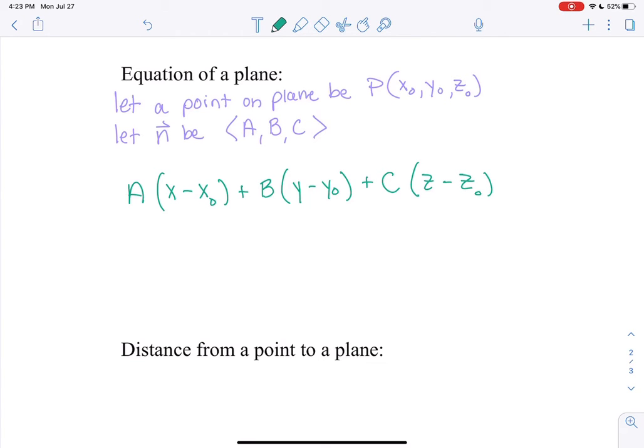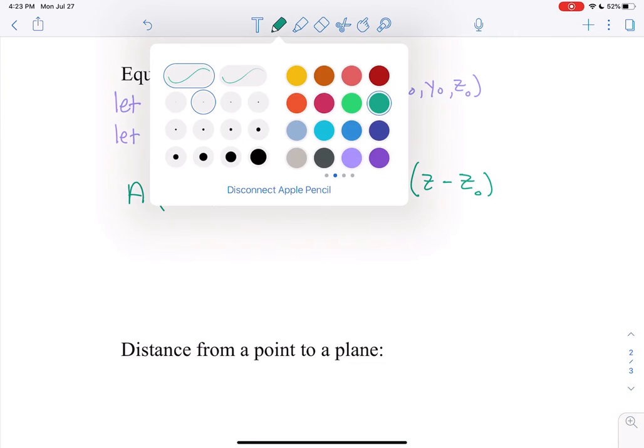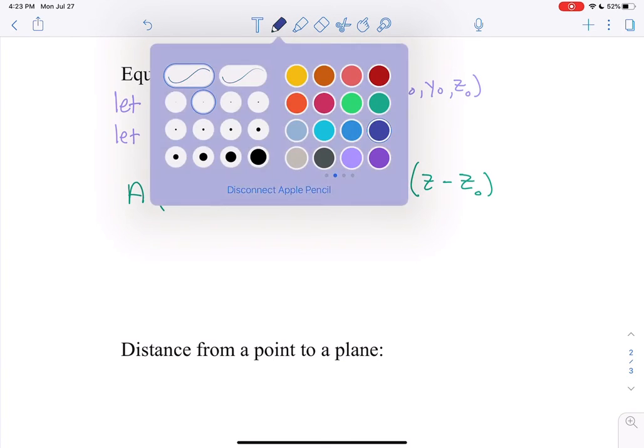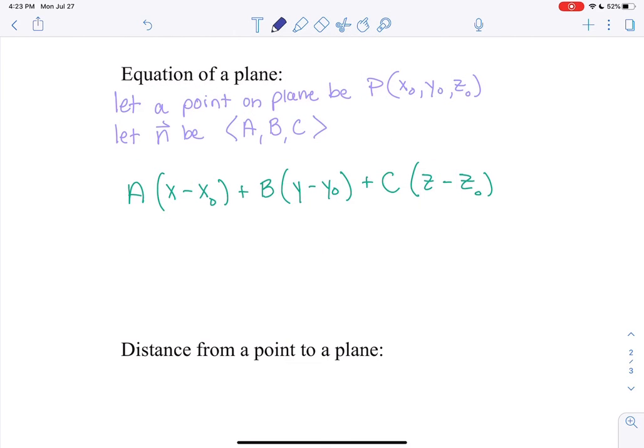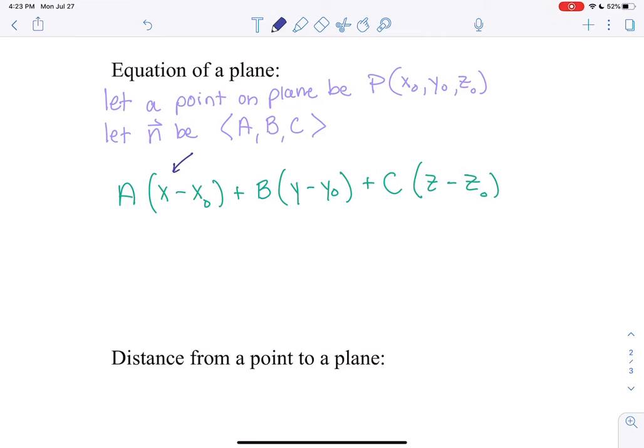So these original points, the point on the plane, are these terms here. X, y, and z, just the regular ones, those are variables. So these are variables and they let you span the entire plane. These, x naught, y naught, z naught, those are just numbers.